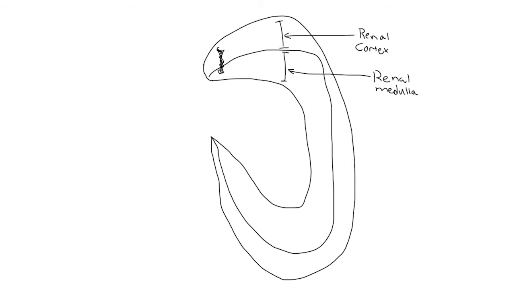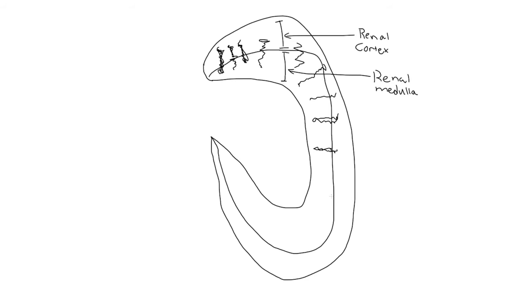And you're going to have lots of these nephrons around your kidney, or in your kidney, and they're just going to be like this, and they're going to be a lot more than I'm drawing, but this is just so that you get the idea.